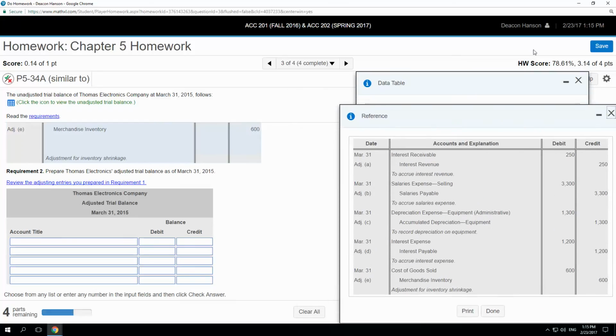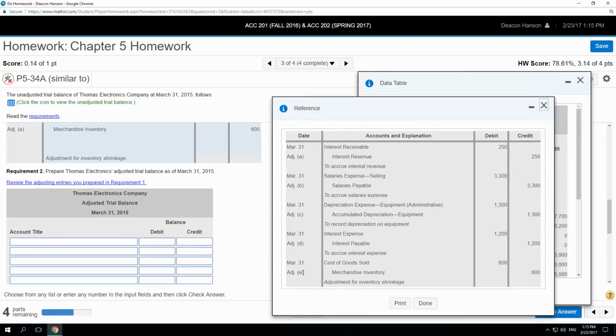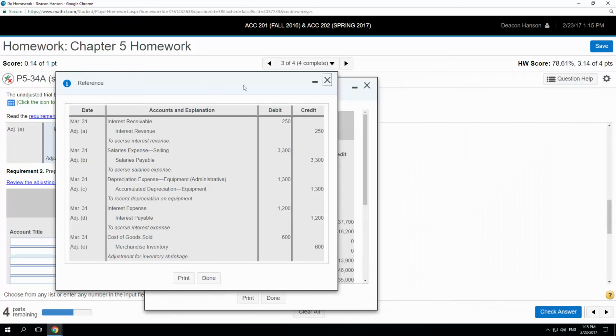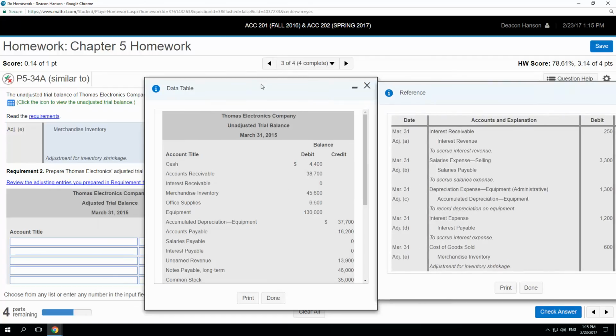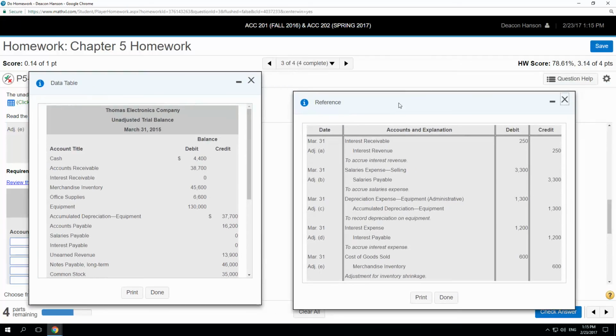So you did 5 of them, A through E. You have to take the effect of these journal entries and apply them to these balances before you come up with your adjusted trial balance. So it probably would look more like this, right? You got your unadjusted trial balance, then you would apply these journal entries. So for instance, let's just take one here.